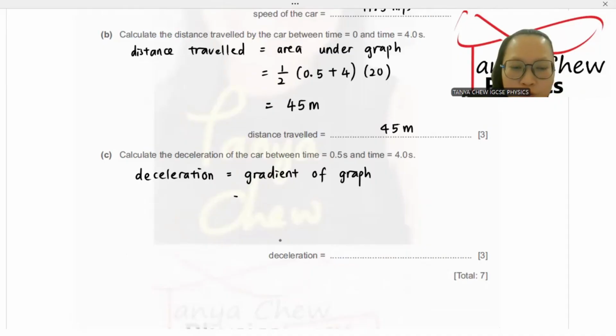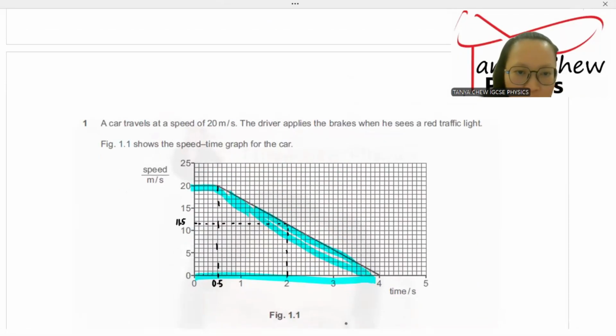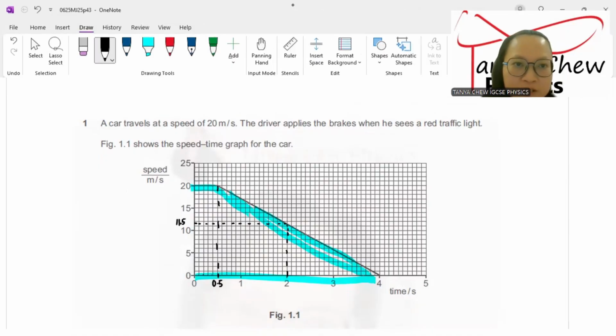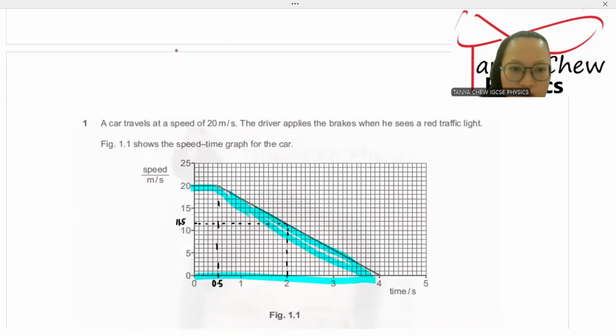So for you to find the gradient, you need to have two coordinates because the formula of gradient is y2 minus y1 over x2 minus x1. So I get my value of x2, x1 and y1 because it is from time t equals to 0.5 second, remember, and to t equals to 4 second.